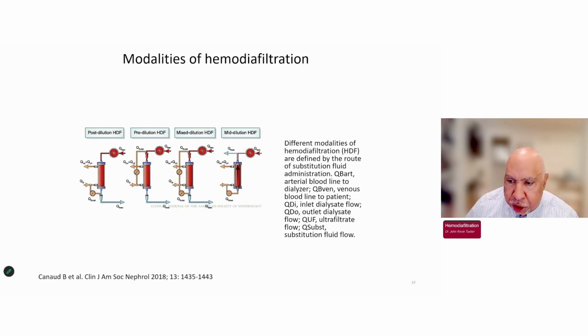The substitution fluid can be added at different points along the circuit. It can be post-dilution, pre-dilution, or so-called mixed dilution or mid-dilution. The gold standard is post-dilution, and that was what was used in the CONVINCE trial.